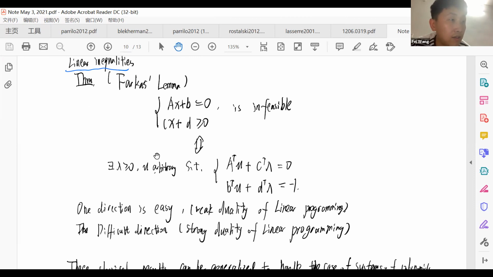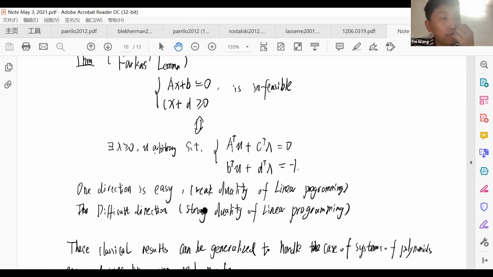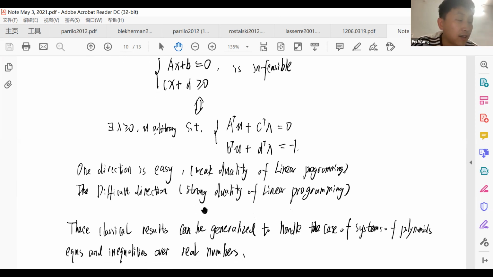From this claim to this claim, it's easy. This is eventually the weak duality of linear programming. From the infeasibility to this condition is the difficult direction. It's eventually equivalent to the strong duality of linear programming. Okay, so these are the classic results for infeasibility certificates.